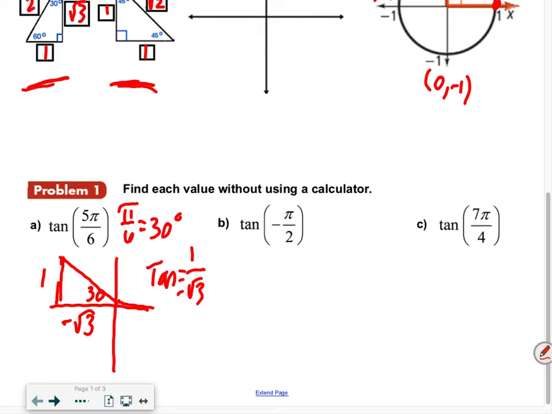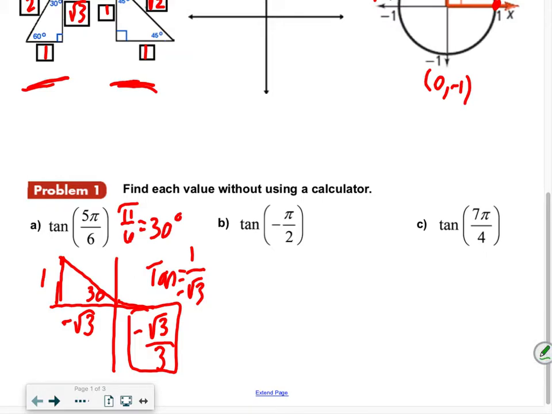That is our answer, but we can't have square roots on the bottom. So negative square root of 3 over 3 is our answer. Again, half divided by square root of 3 over 2, you can still do that. It's just the same. Our 2's on the bottom are going to cancel, so we're going to have 1 over the square root of 3.